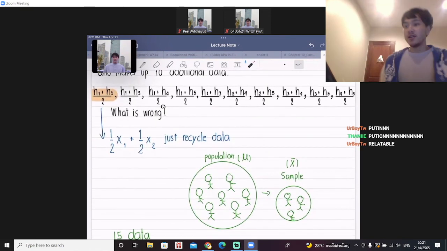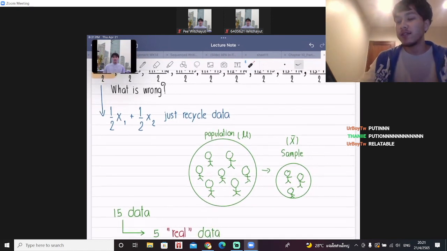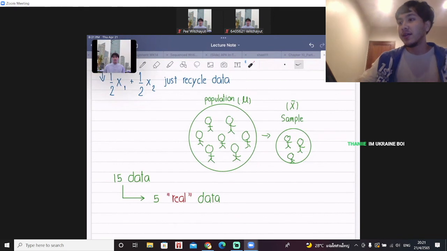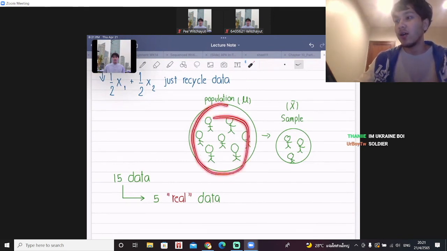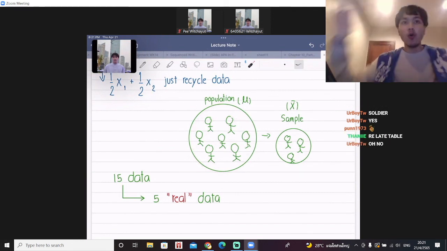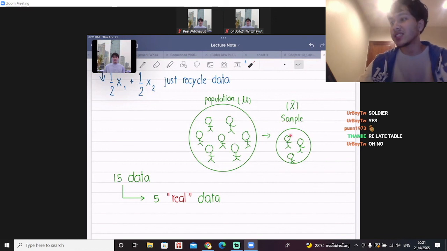We say for the population of soldiers from Russia, the average is the mean for the population, but we cannot find them all from the whole army. So we can find just a sample, 10 or 5 or anything, and the average is x bar.